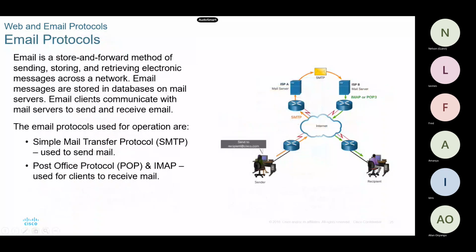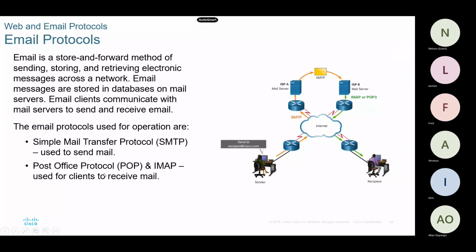All right. Of course, we have talked about email protocols, and we have three protocols of email. We have SMTP, which is Simple Mail Transfer Protocol, which is used exclusively to send emails, just sending emails. Then the remaining two are POP, which is Post Office Protocol, and IMAP, which is Internet Message Access Protocol.